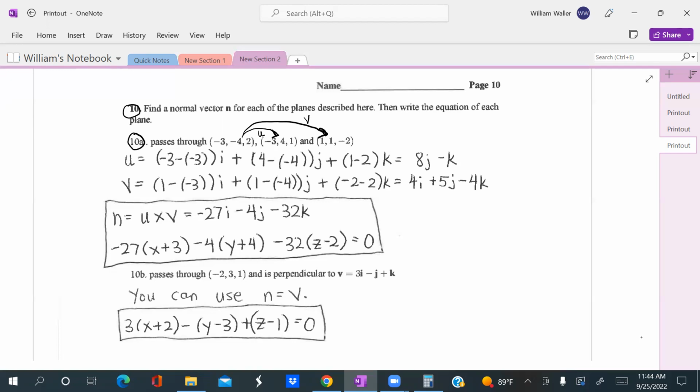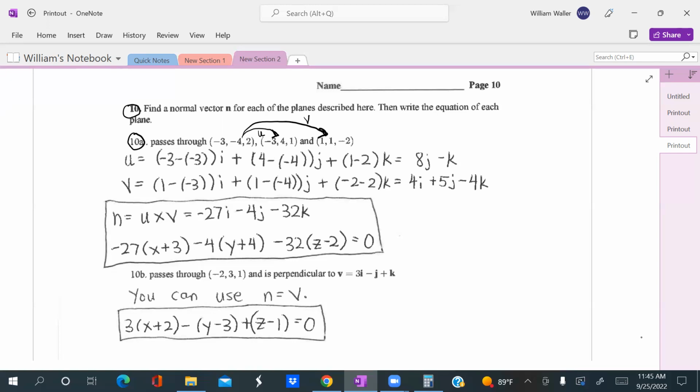So all we have to do is find a vector perpendicular to these 2 vectors. And that, of course, is the purpose of a cross product, right? So if you compute the cross product of these 2 vectors that are in the plane, you will get a third vector that is perpendicular to both of these vectors. And that vector will also be perpendicular to the plane because these 2 vectors fall in the plane.